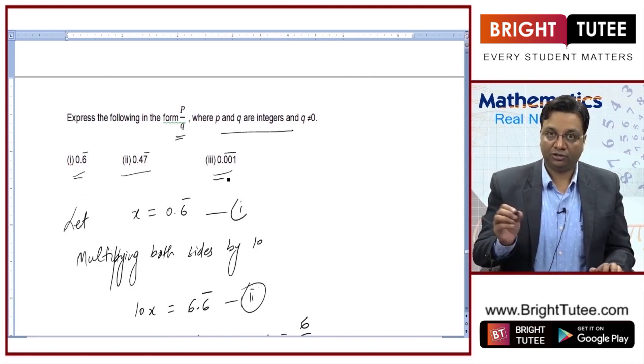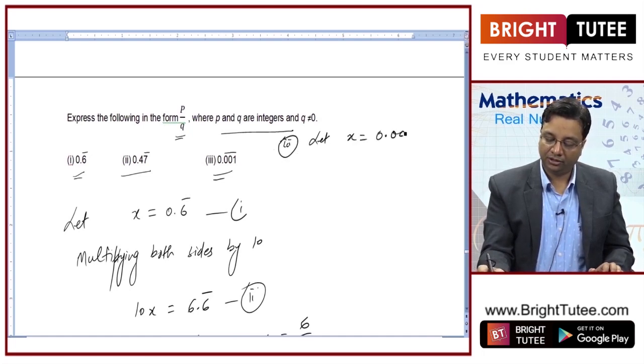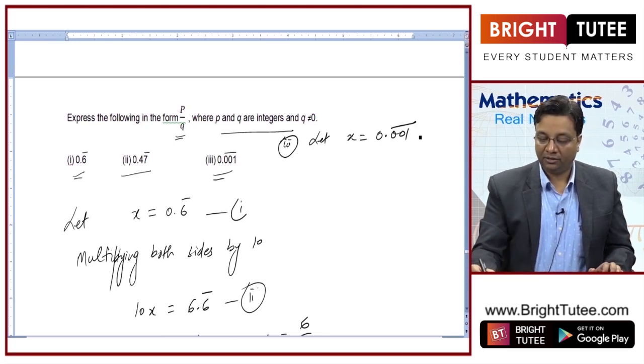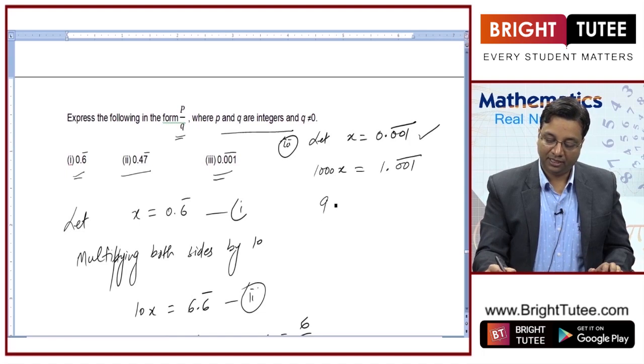Next is 0.001 bar, and 001 is the repeating one. So let's do it here itself. This is the third part. Let x is equal to 0.001 bar. Now I need to eliminate this repeating block, so I'll multiply this number by 1000. So 1000x is equal to 1.001 bar. Now if I subtract these, I'll have 999x equal to 1.